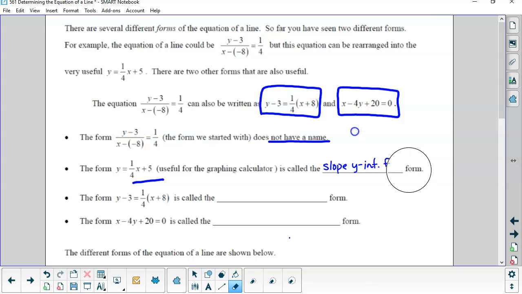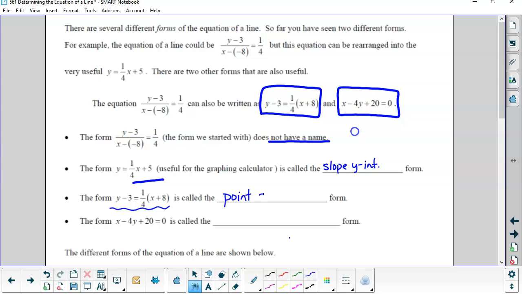Okay, this form is called the point slope form or slope point form. I always kind of mix them up. Okay, and then this form here, that's called the general form.